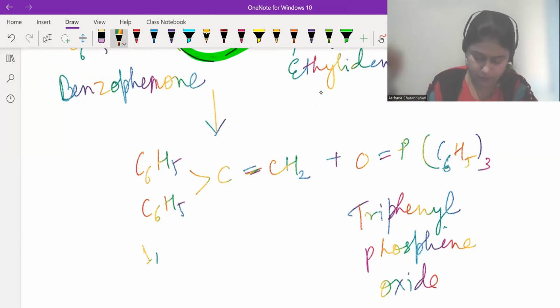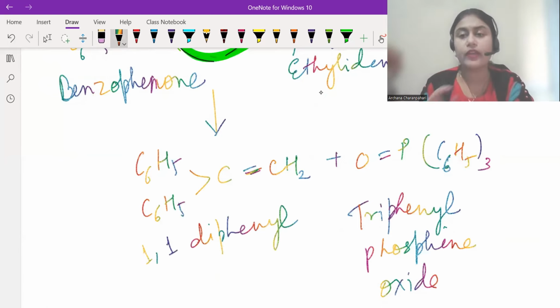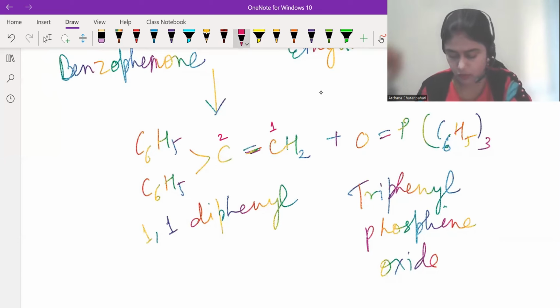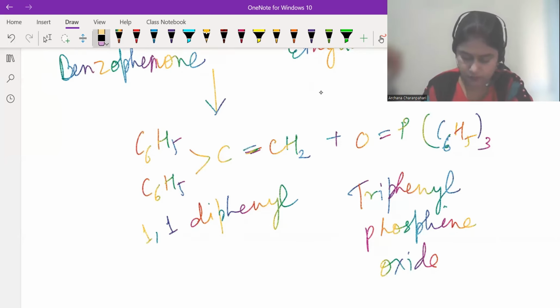So we end up with 1,1-diphenyl. Let us see how we can name it. The functional group is generally given number 1, and this is 2. Anyways, this is only 2 carbons. The substituent group will be given number 1 and the double bond will be given number 2.